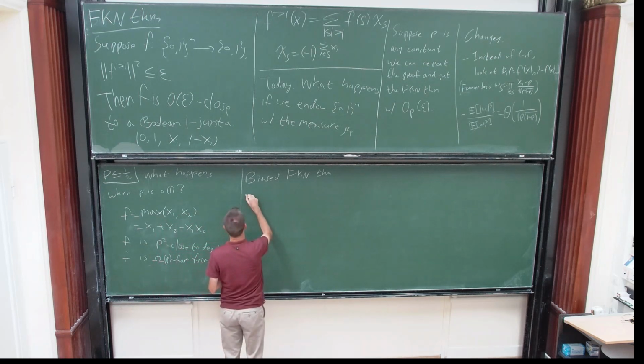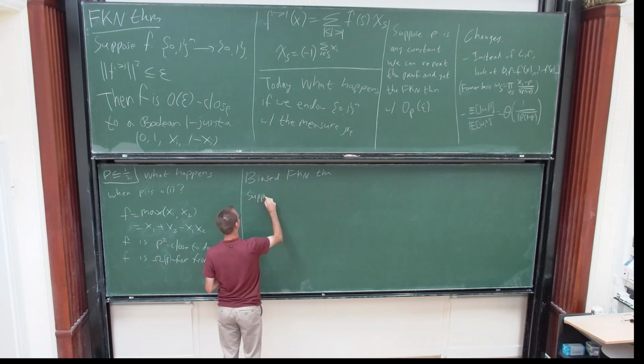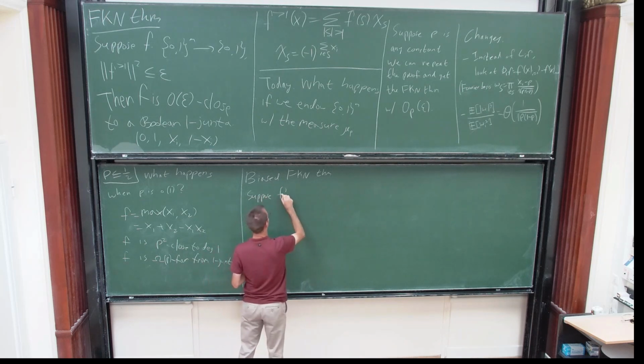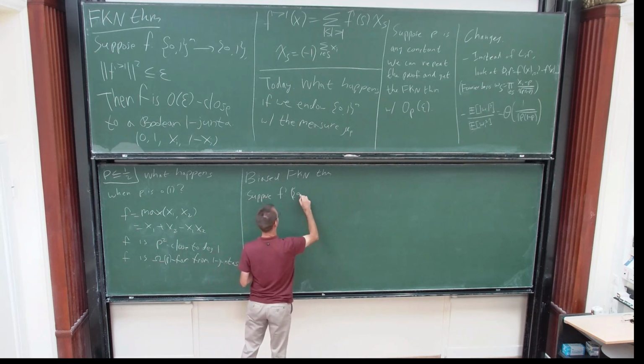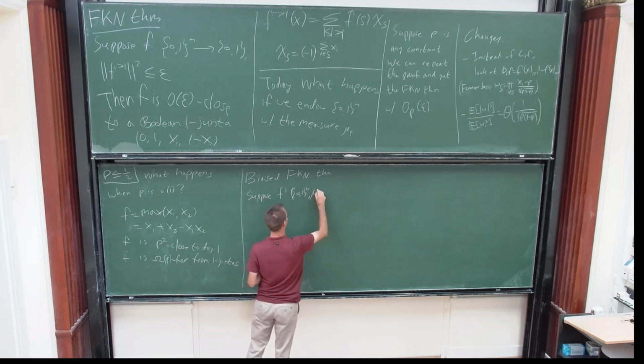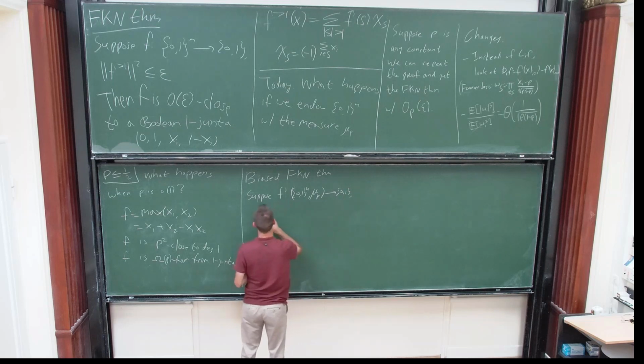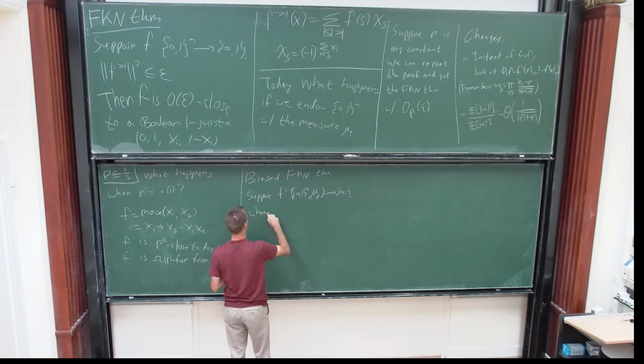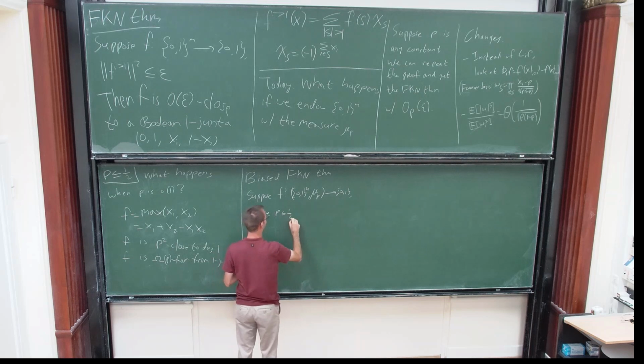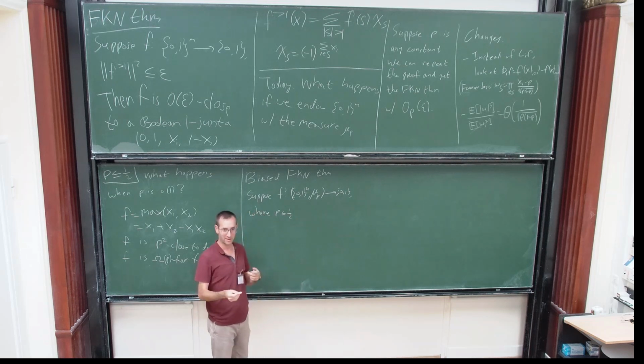So suppose f is a function from {0,1}^n to {0,1}, where p is at most a half. And this is not important, but otherwise I'll have to have p-type moments in many places.